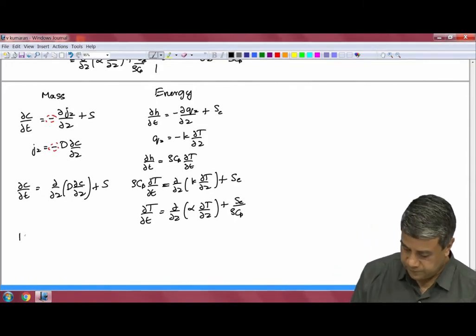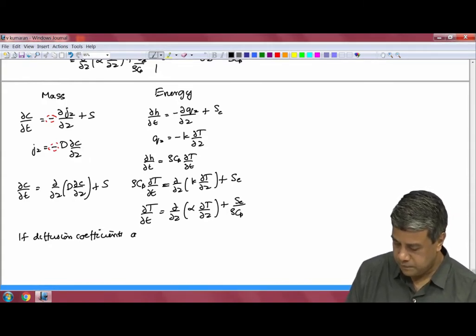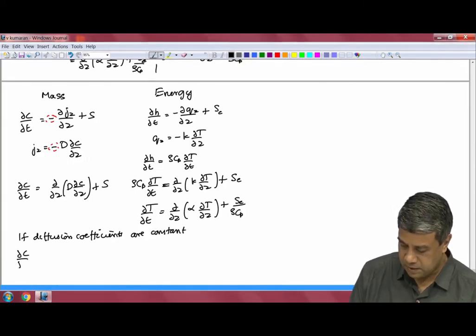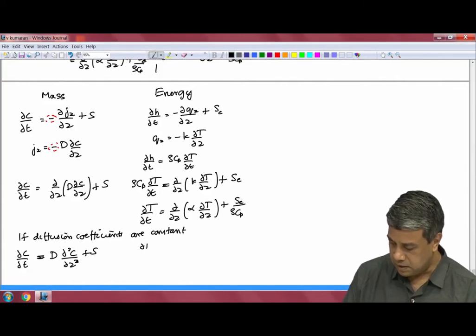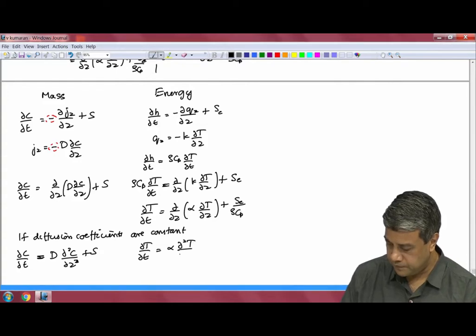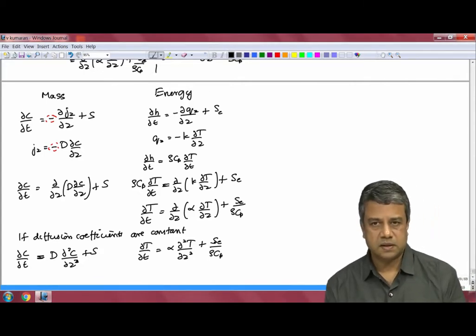And then I will get dC by dt is equal to alpha partial square C by partial Z square plus S, and dT by dt is equal to alpha partial square T by partial Z square plus S. So these are the two forms of the equations.